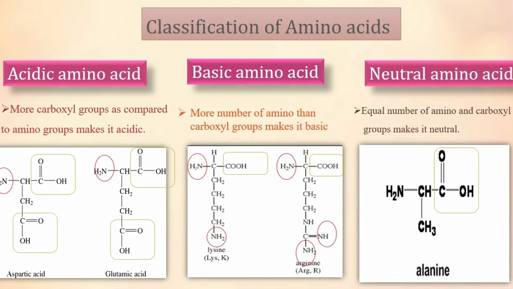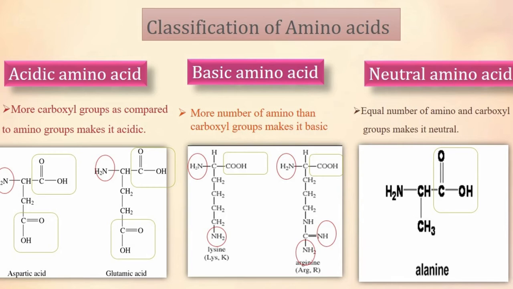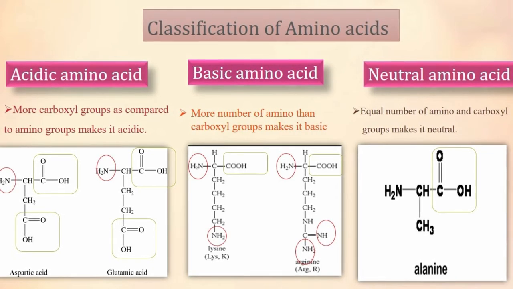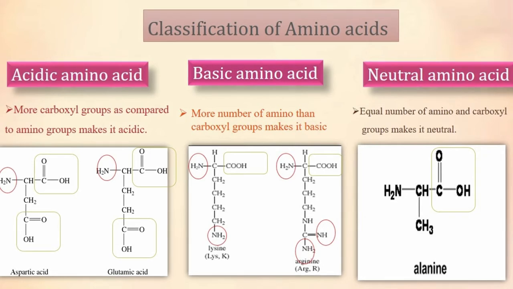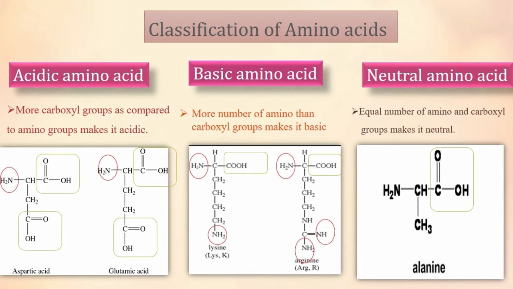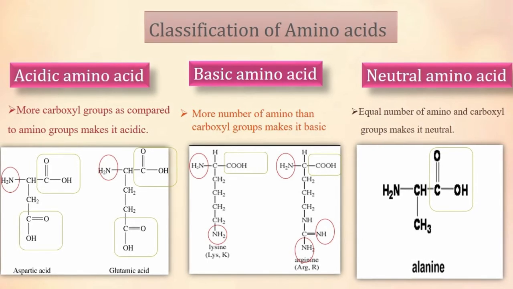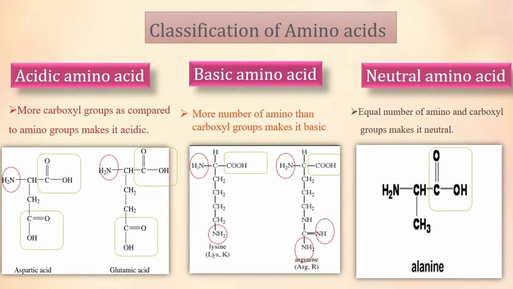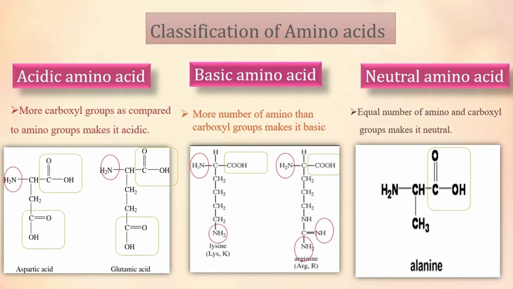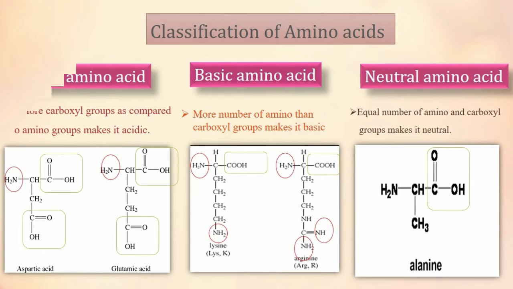Whereas in basic amino acids, the number of amino groups will be more compared to the number of carboxyl groups present in that molecule. And in neutral amino acids, an equal number of amino and carboxyl groups will be present.